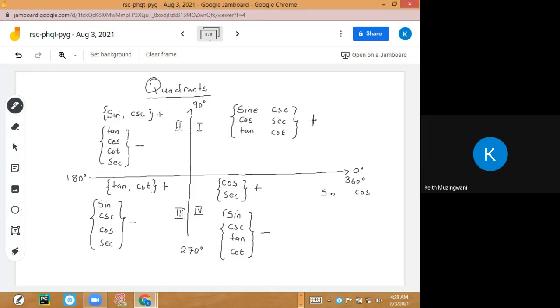But they give you tan if you take sine up and divide it by cos. Sine and cos can still give you cot if you switch, you start with cos and divide by sine. If you just get cos and divide 1 by cos, you get sec.